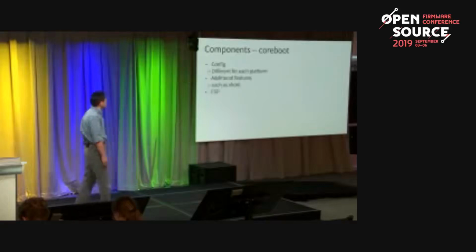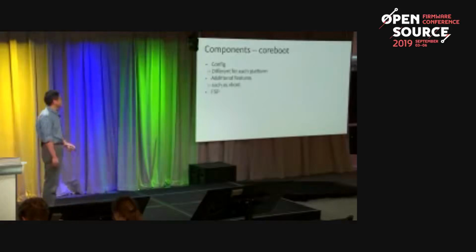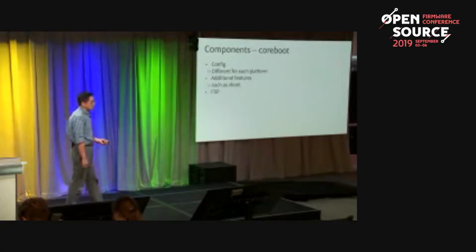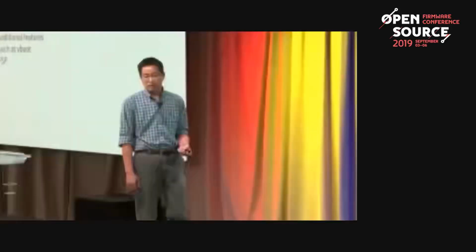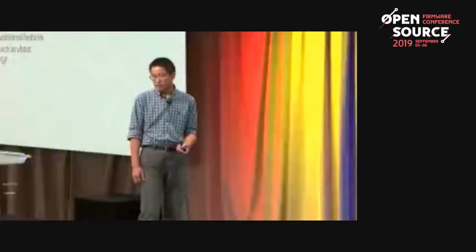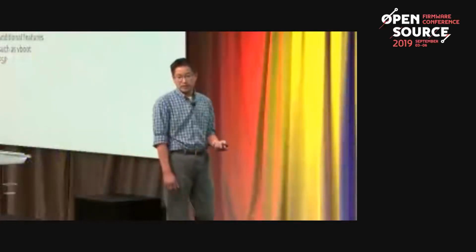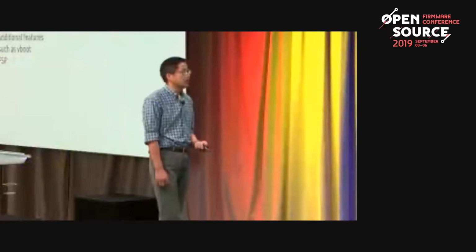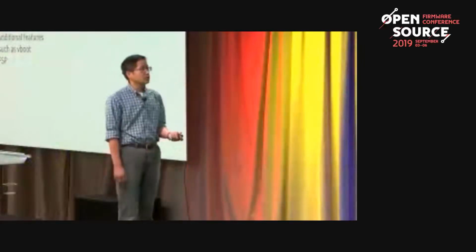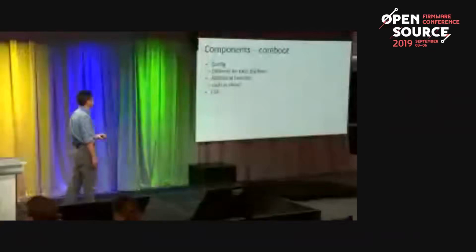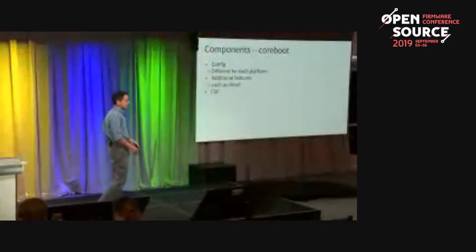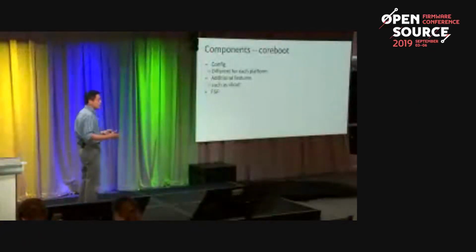Coreboot config is different for each platform. Today we build 4 to 5 platforms, including QEMU. So we have a coreboot config for each platform. And when we build the coreboot image, we need to add additional features, for example vboot. The code for vboot is outside of the coreboot Git repository.